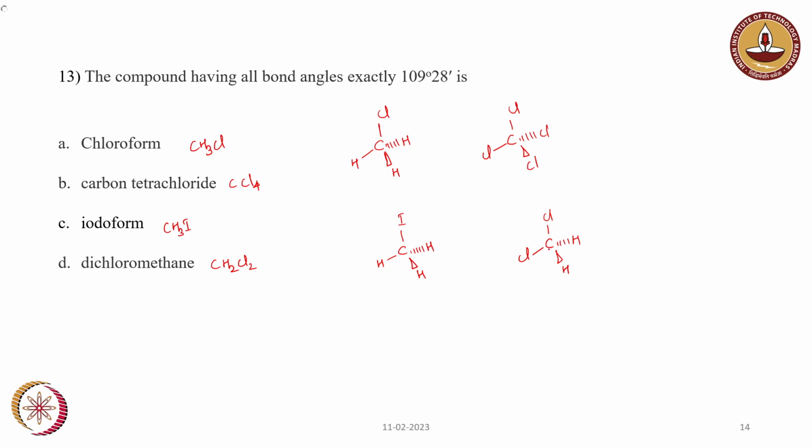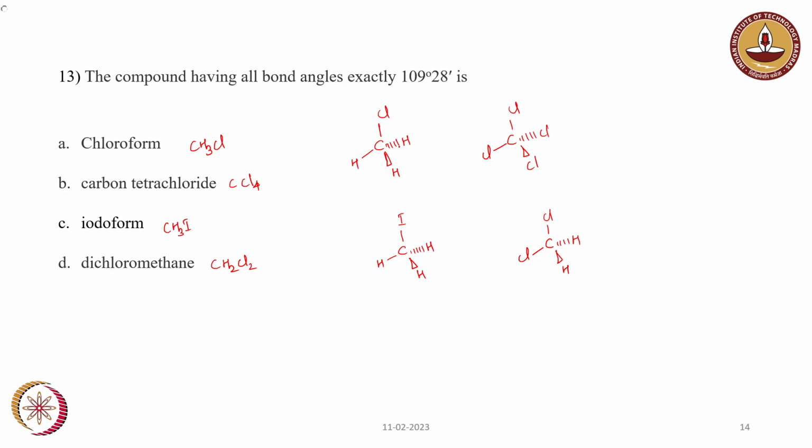So here, according to Bent's rule, more electronegative substituents prefer hybrid orbitals having less s character, and more electropositive substituents prefer orbitals having more s character. Otherwise, if there are electronegative atoms present in the compound, that electronegative element will attract electrons in the bond towards it.